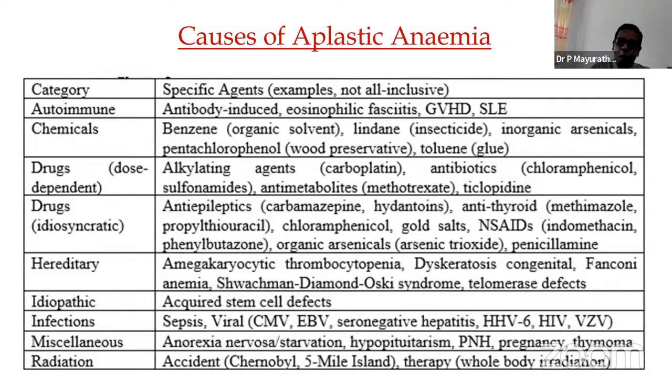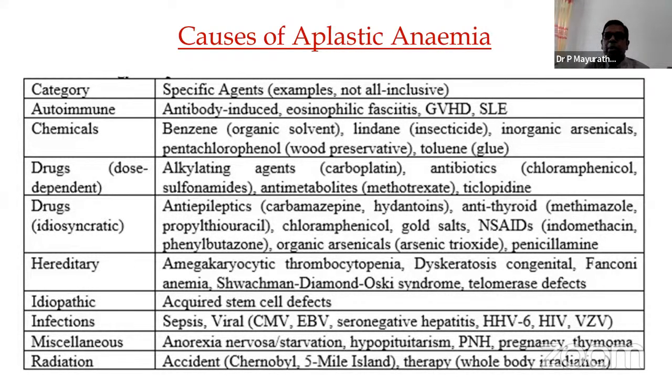One of the causes for pancytopenia is aplastic anemia. So aplastic anemia is another condition we should remember. There are many causes you can see in the list, and most of the time, aplastic anemia patients will have no organ involvement.